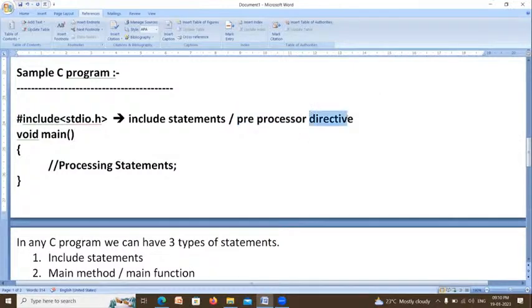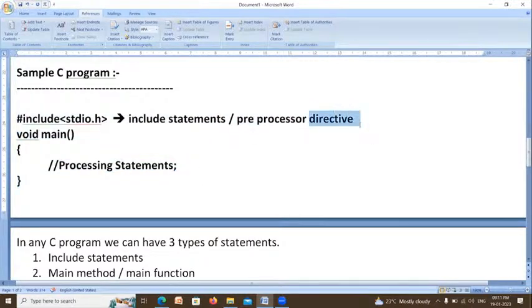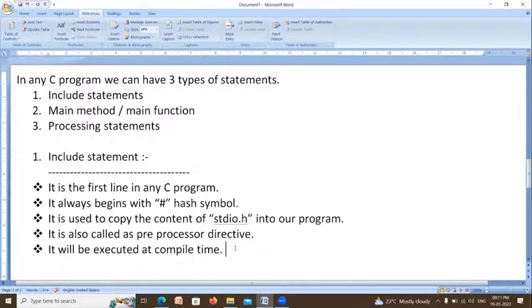Now what is the meaning of directive? Directive means it gives direction to the compiler. What is the compiler? The compiler is software which converts your program into a machine understandable program. So it gives direction to the compiler, so it is called a directive.